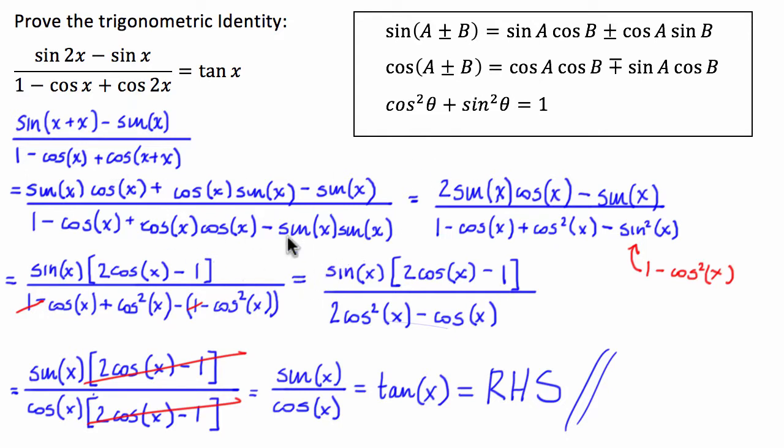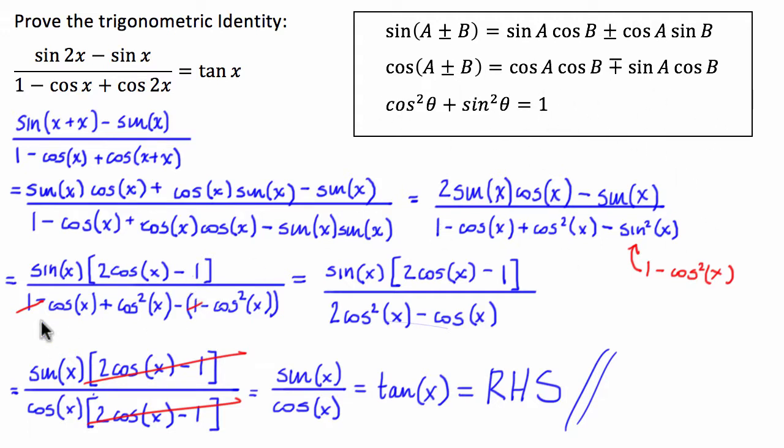So what we did is once we've done our angle sum identities for both cosine and sine, we're able to, in the numerator, combine like terms, and in the denominator, we substituted the minus sine squared x out for 1 minus cosine squared x using our Pythagorean identity, the third identity in this text box here.